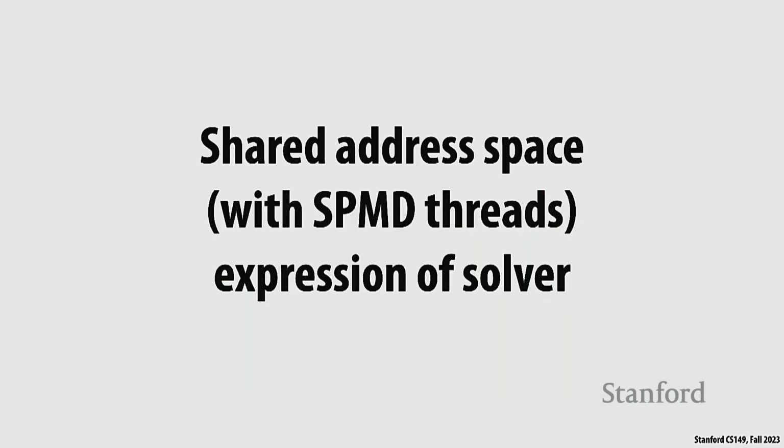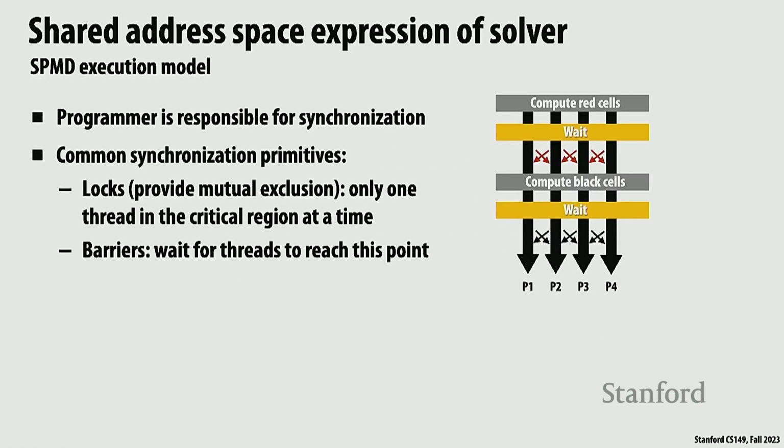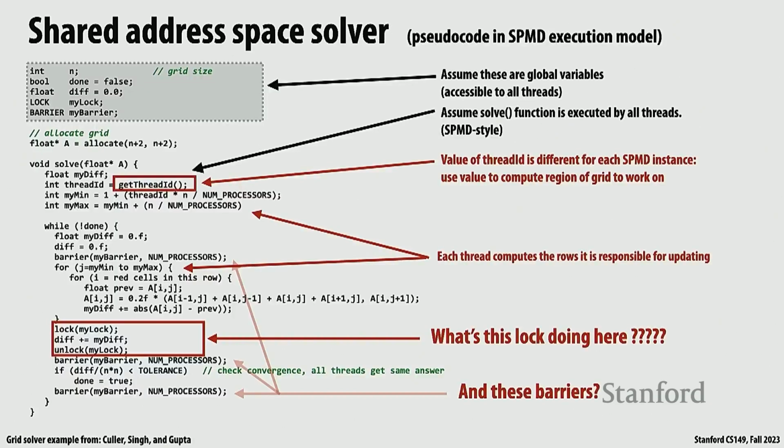So now I want you to think about ISPC programming or threaded programming, whatever programming model you want. We're just going to have a bunch of threads running in a shared address space. So everybody can access shared variables. We have one address space. But we're going to have to synchronize with some constructs like locks and barriers. So here's my implementation of this code.